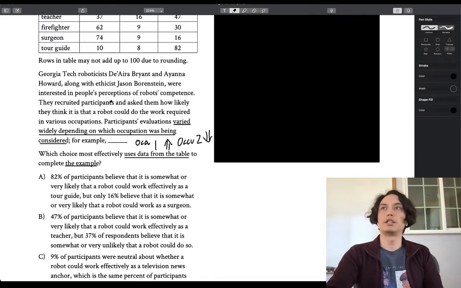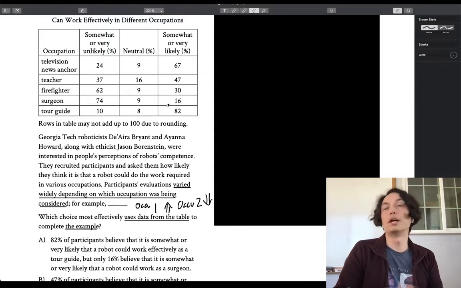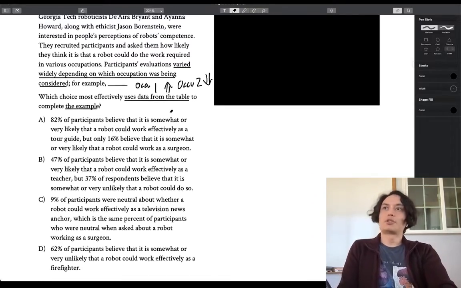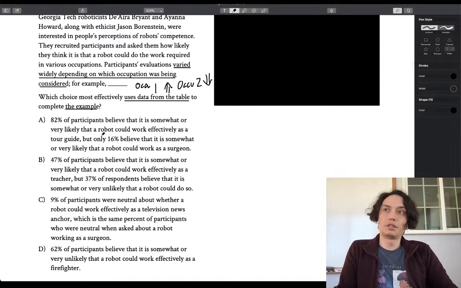So it's like, oh, they love tour guides, but they hate surgeons, for example. Robotic tour guides or robotic surgeons. All right. 82% of participants believe that it is somewhat or very likely that a robot could work effectively as a tour guide, but only 16% believe that it is somewhat or very likely that a robot could work as a surgeon.